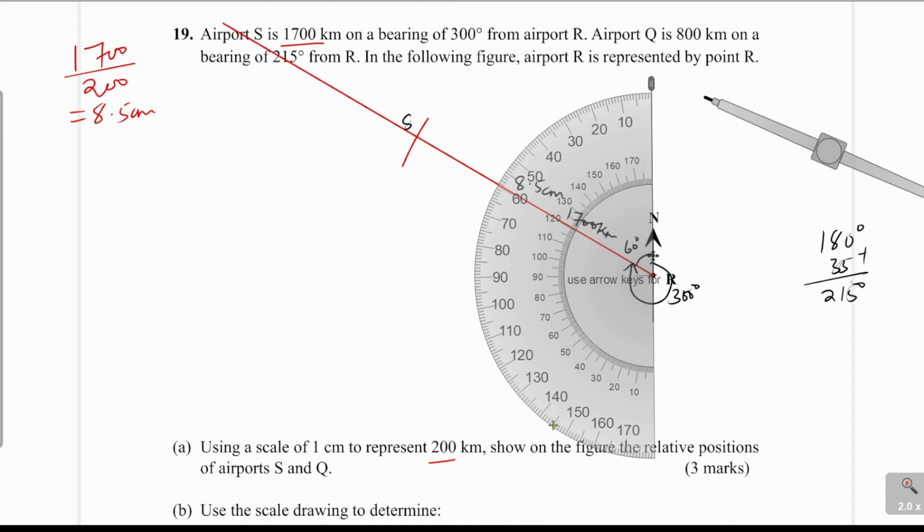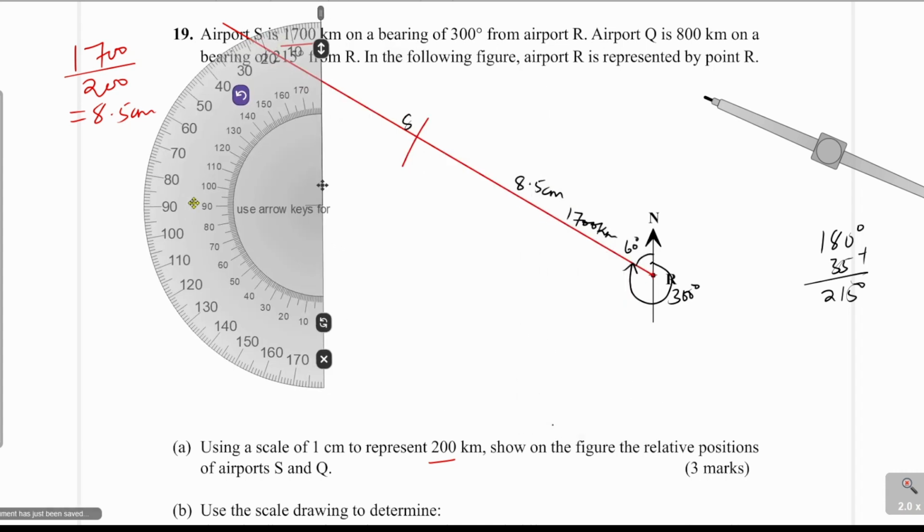35. Yeah, 35 is there. So let me draw a straight line. So 35, the point is here where we have 35, it is there.